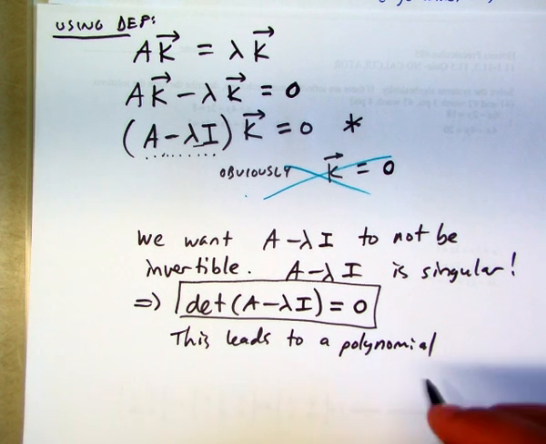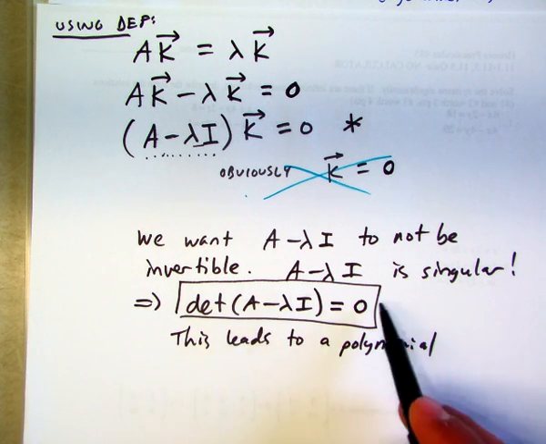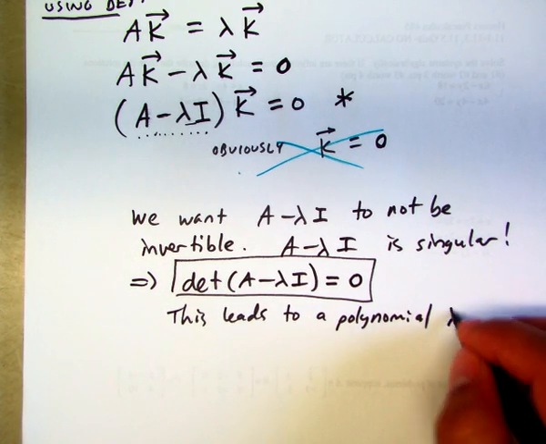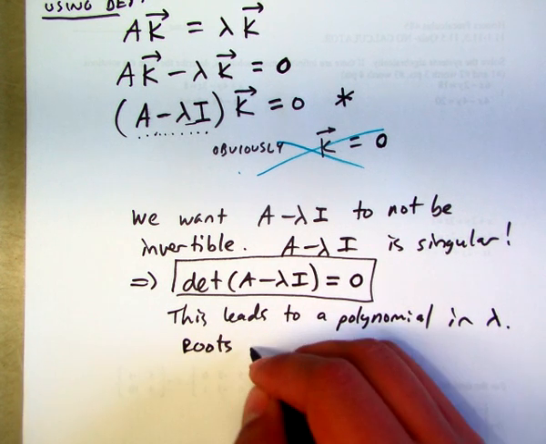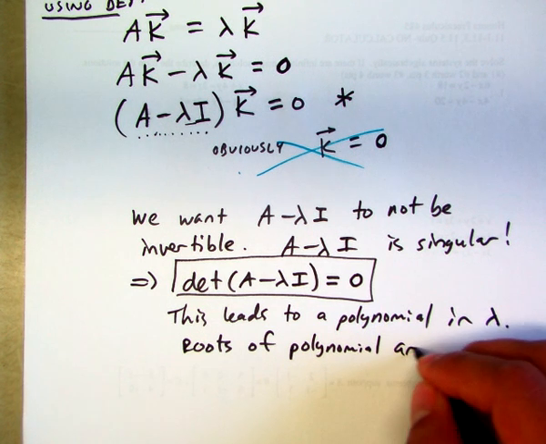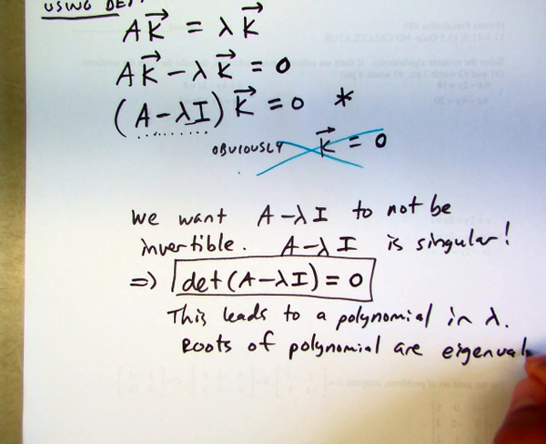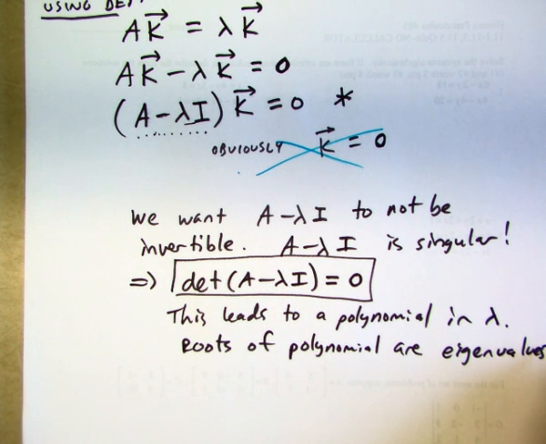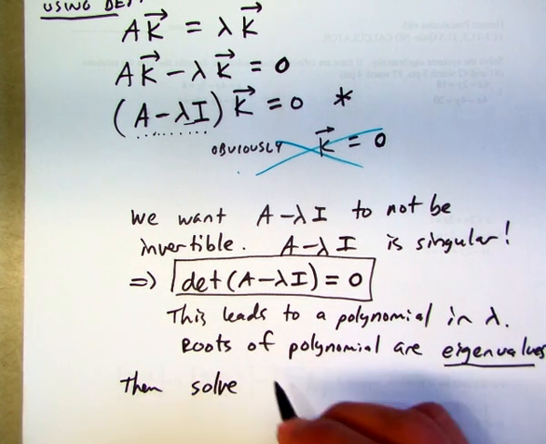It's not too bad. Anyway, if you solve this equation, if you actually find the determinant of this matrix, set it equal to 0, this leads to a polynomial in the variable lambda. The roots of the polynomial are the eigenvalues. Okay, so then what you would do is solve this.